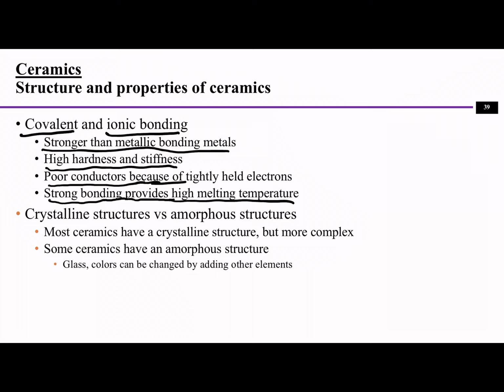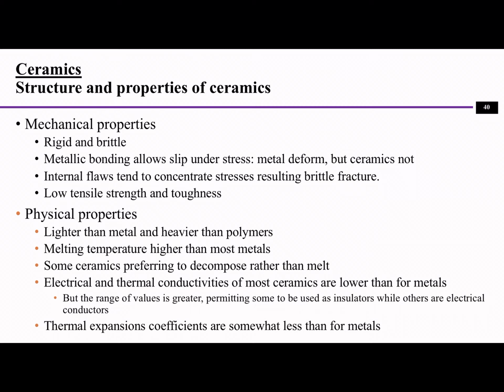Most ceramics actually have a crystalline structure, but there's one exception, that is glass. Some of the ceramics, for example glass, have an amorphous structure. The mechanical properties of ceramics are that they're usually rigid and brittle.